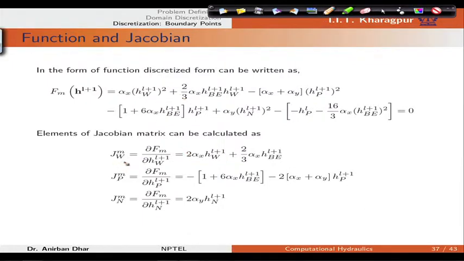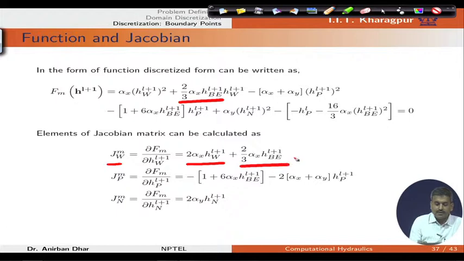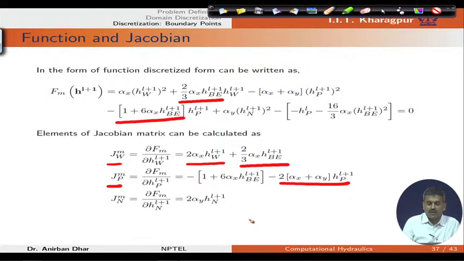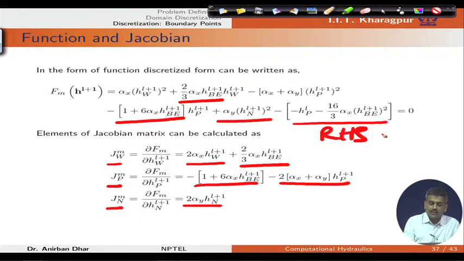So, from this J W, this is directly coming as 2 alpha x H W L plus 1, 2/3 alpha x B H P, J P, this is coming as 2 into alpha x H P L plus 1, and this term is there 1 plus 6 alpha x b, and on the northern side we have 2 alpha y, this h n l plus 1, and this is our right hand side, which is the known quantity.